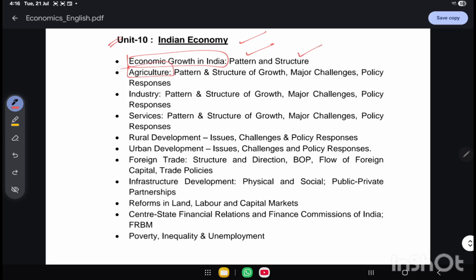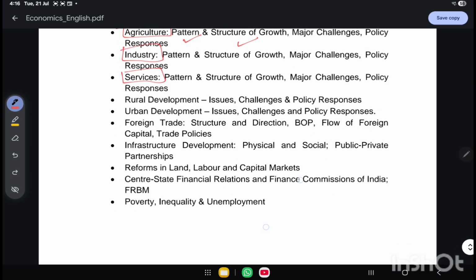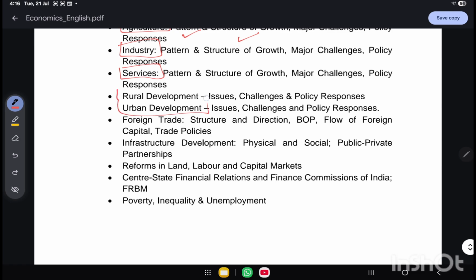And taking agriculture, same like what is the pattern of agriculture, the structure of growth in the agriculture sector, what are the major challenges in agriculture, how the government made policies to overcome that. The same thing applies to industries and services, and even the same for rural as well as urban development. And similarly in foreign trade and related to BOP, just connecting the Indian economy with the international economy.